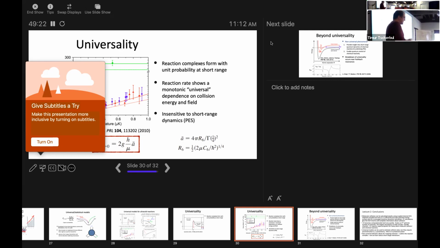This requires that the phases of the S matrix elements are quite randomized, completely randomized. If that's true, then you get this expression. However, that does not require complex formation. It could, but other mechanisms can be at play that do not necessarily involve complex formation that could give you exactly the same rate, which I think is not often emphasized, so I want to emphasize it, because it's kind of the wisdom of many generations of chemical physicists.